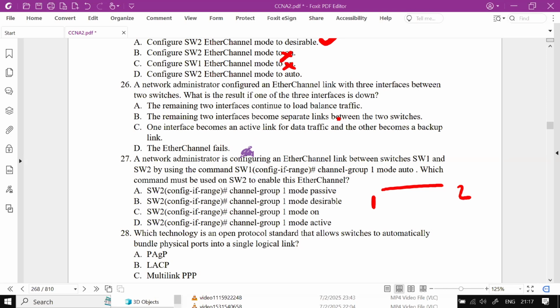Which command must be used on switch 2 to enable this EtherChannel? Answer B. Auto on one end, desirable on the other end. Passive compatibility or active compatibility as well. Desirable is the answer.